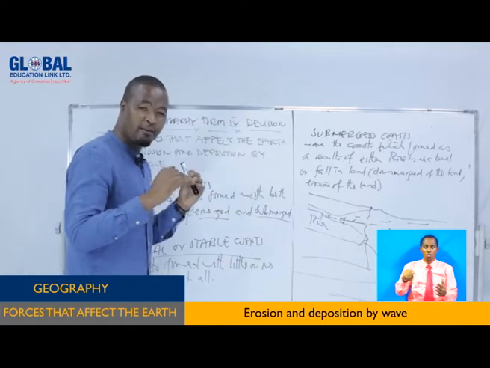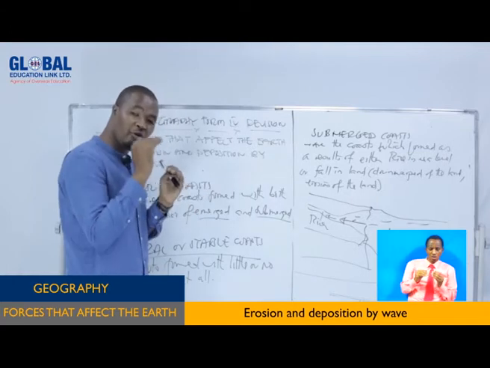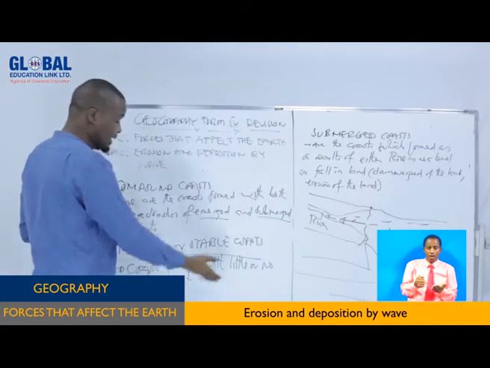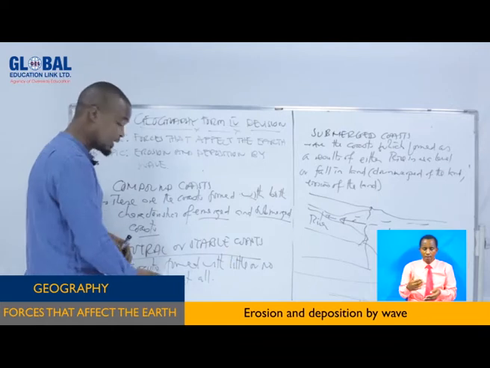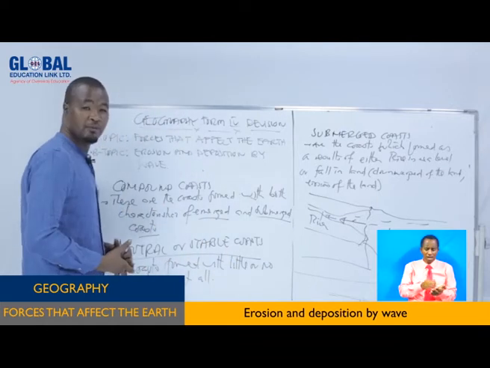There is a rise in sea level at a very low rate, or a fall in sea level at a very low rate. So there is little or no fall in sea level, little or no land uplift, and we call it the neutral or the stable coast.